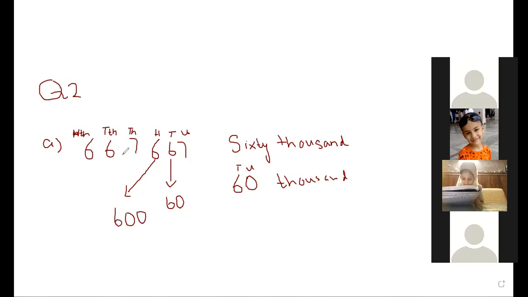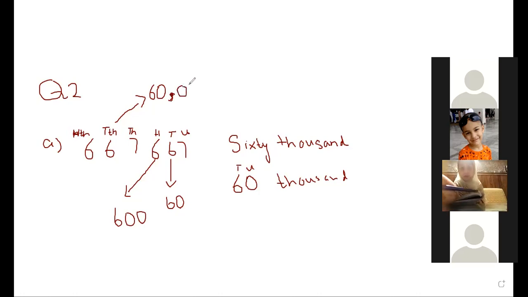The next 6 is on the tens place, so that is 60. First I write the first 0 for tens, and then there is 1000, 60,000. Now I'm going to write the zeros of 1000. How many zeros in a 1000? 3.